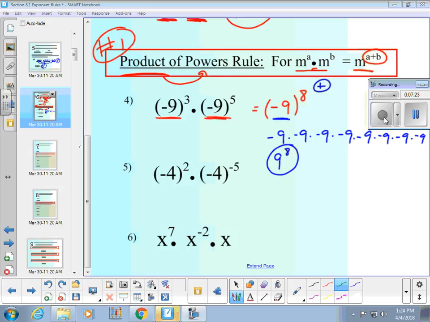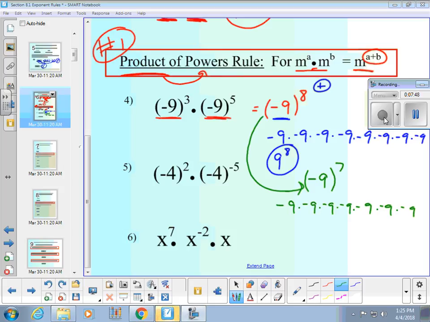What if I take this problem though? Let's say, and again, I know on your notes, I'm kind of making a new problem here. But let's say I change this and I say it's negative 9 to the 7th power. What would that do to my answer? Well, let me write it out. You think about what you think will happen. But I would have negative 9 times itself 7 different times now.